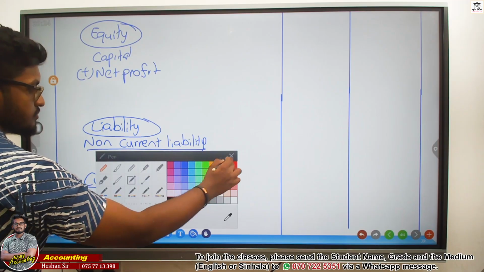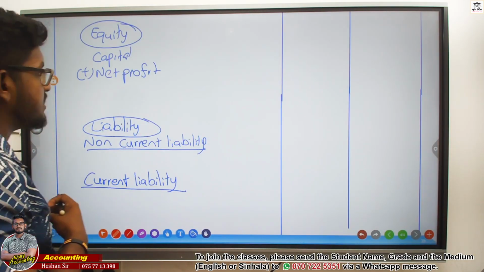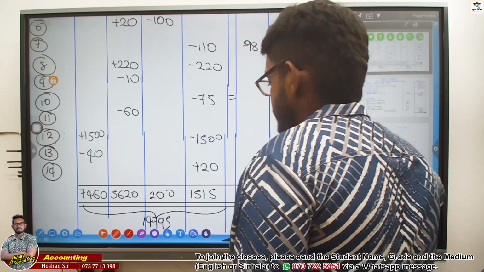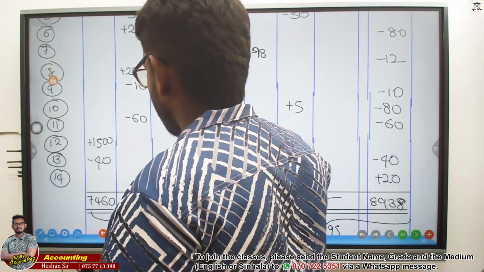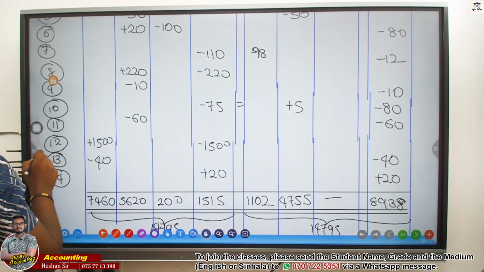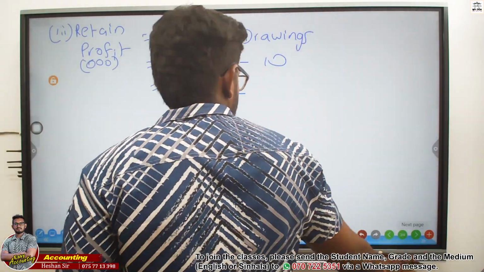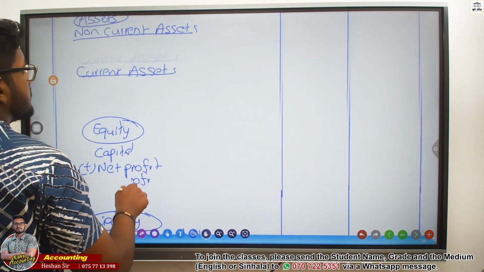Let's see. Now you can take the balances from here. All the balances are in here. You can see non-current assets, property, plant and equipment, 7,460. So you can write under non-current assets, it's after the depreciation and all the things.